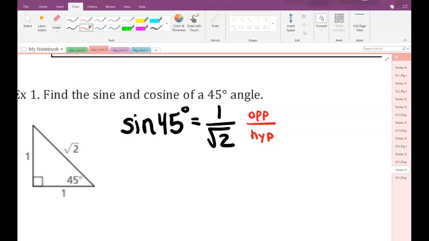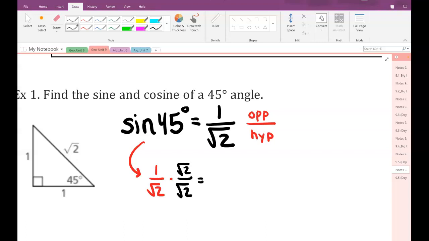One thing I mentioned, I think at the start of this chapter, chapter 8: we don't like having square roots on the bottom. So you can go through the process of rationalizing the denominator, where to get your square root out of the bottom, you multiply the numerator and the denominator by square root of 2.